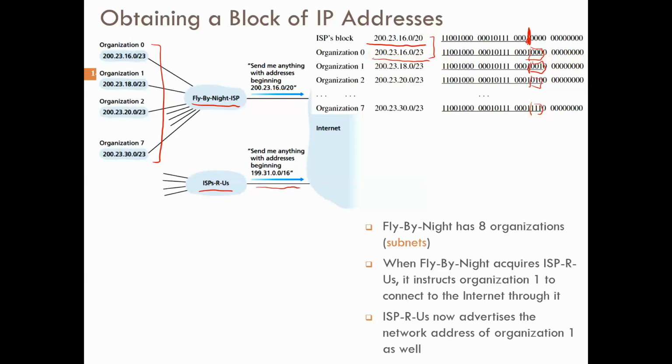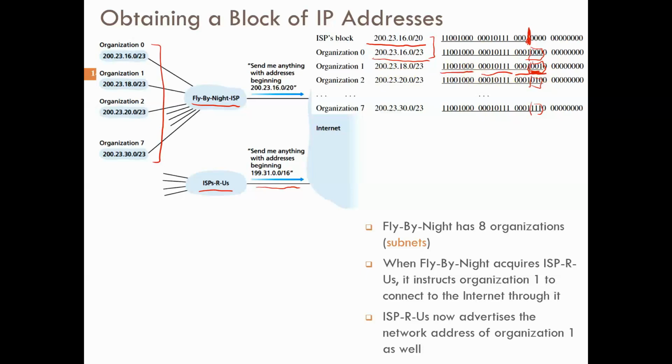The next organization, organization 1, will have 001 as the subnet ID. So its IP address is 200.23.18.0/23. How did we arrive at that? First, you take this block, convert it to decimal, that's 200. You take the next block, convert it to decimal, that's 23.